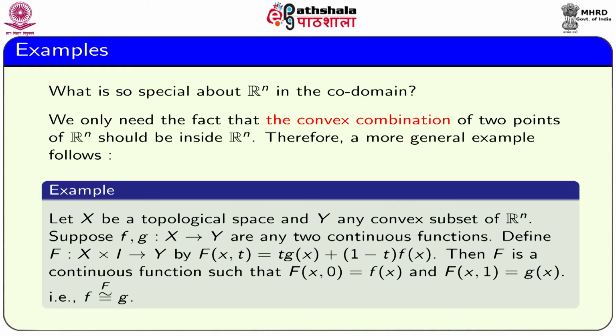Then, since Y is a convex subset of Rn, t g(x) + (1 minus t) f(x) is within Y. So this function is defined, and it is a continuous function satisfying the rest of the two conditions for F to be a homotopy. So f and g are homotopic maps.